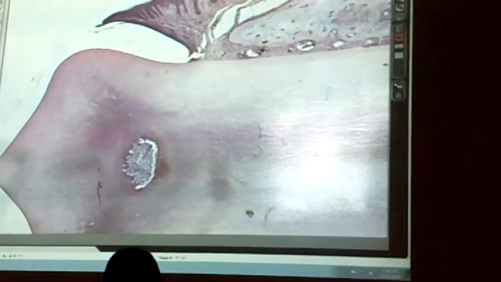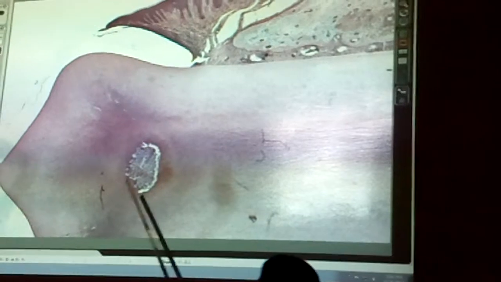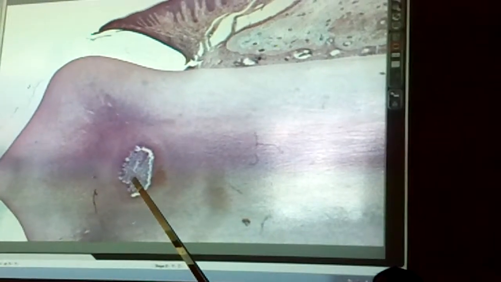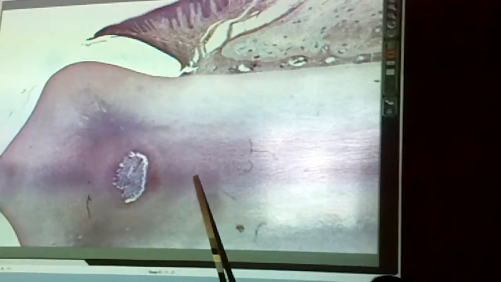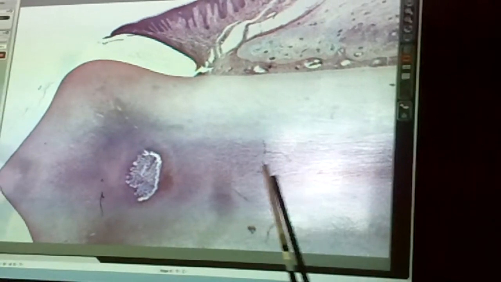Looks like wings. Okay, what's that? Pulp cavity. All this? Dentin. Area?